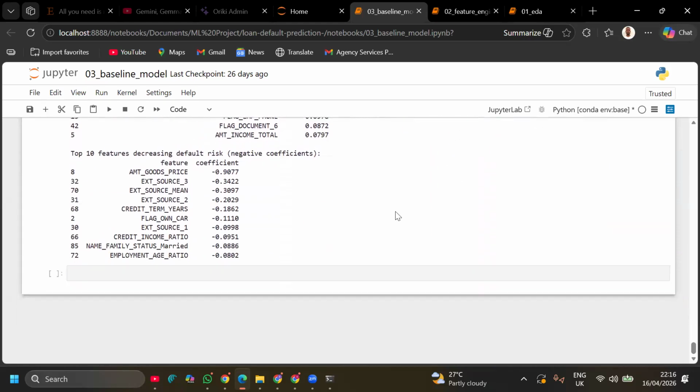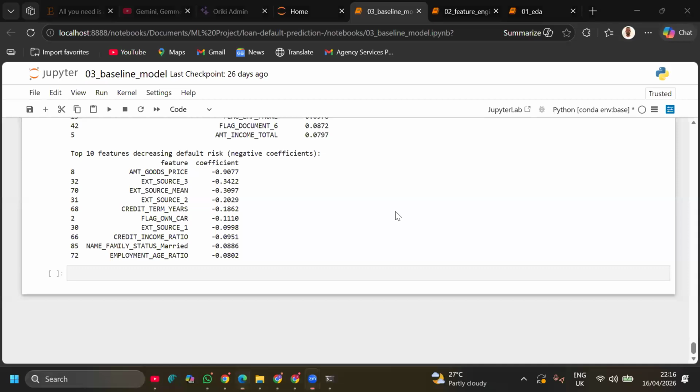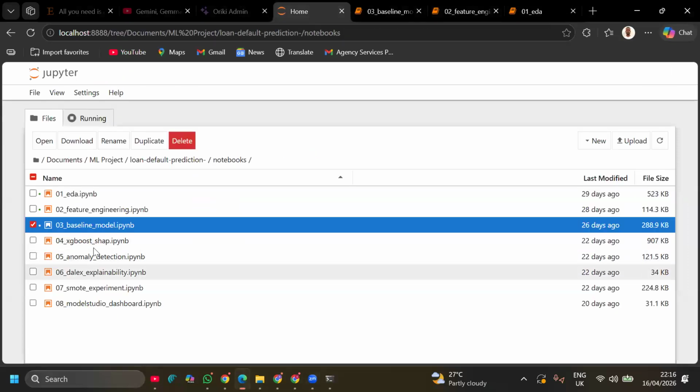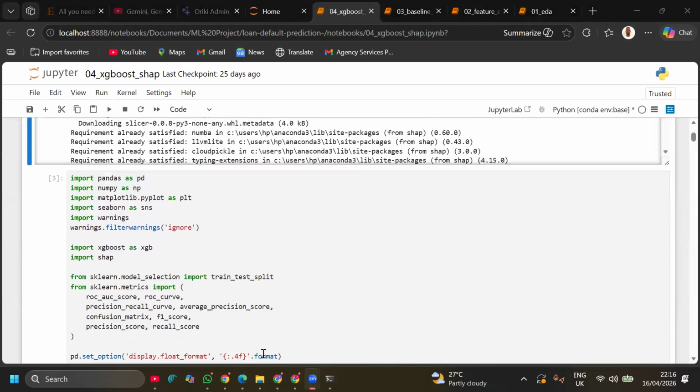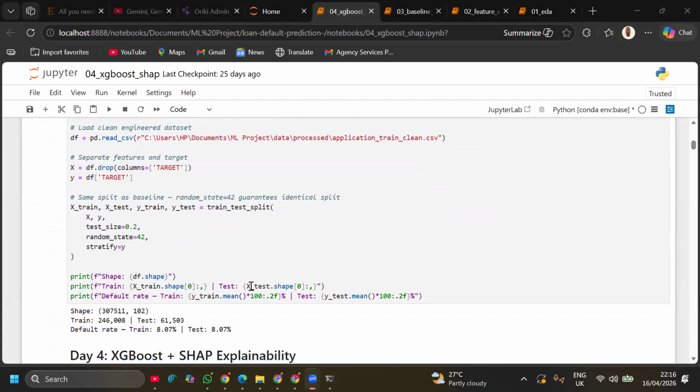All right, so let me go to the next notebook, which is now the XGBoost. For the XGBoost, like I said, we are trying to compare what we have in the logistic regression, which is the traditional method, to the XGBoost.